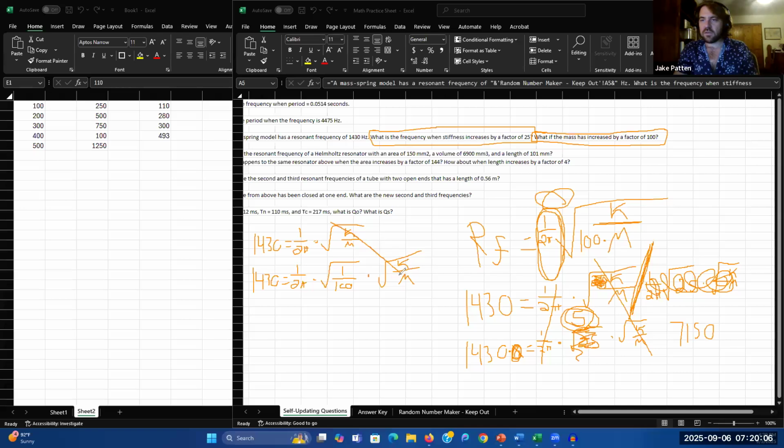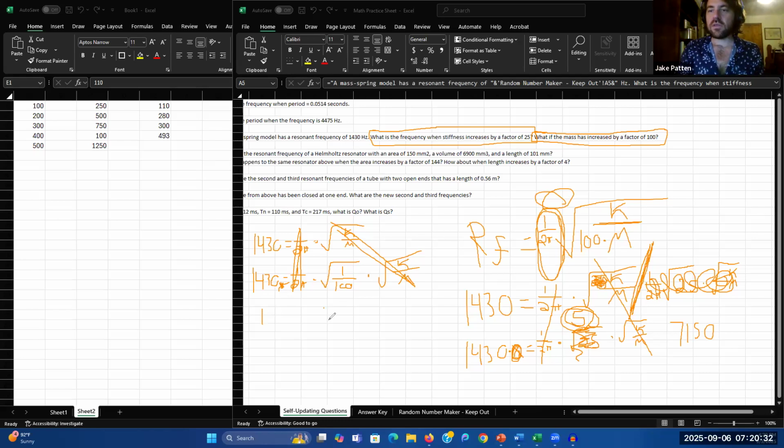So we can cross out the square root of k over m. We can cross out the 1 over 2 pi. What we're left with is 1430 times x, where x is the square root of 1 over 100. We have to figure out what that is. So the square root of 1 is 1, and the square root of 100 is 10.